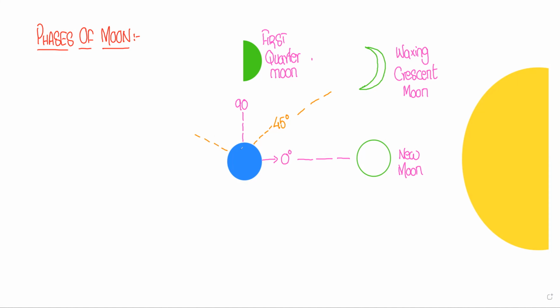So we have a different shape of the moon. What will be the new shape? Full moon? Okay.